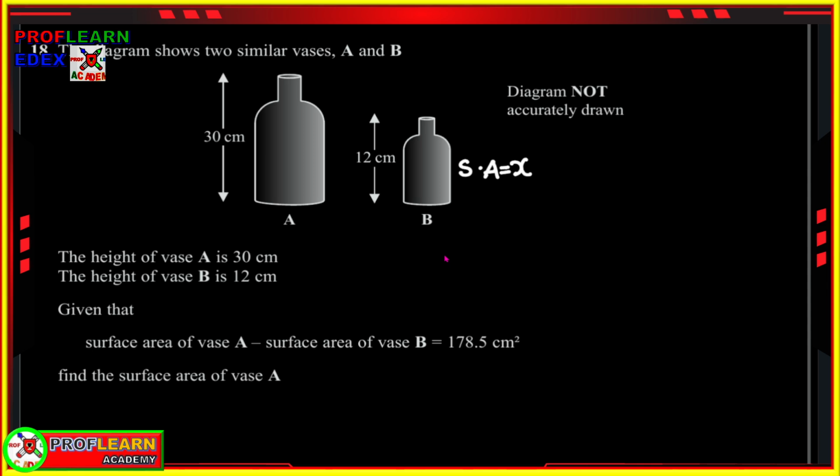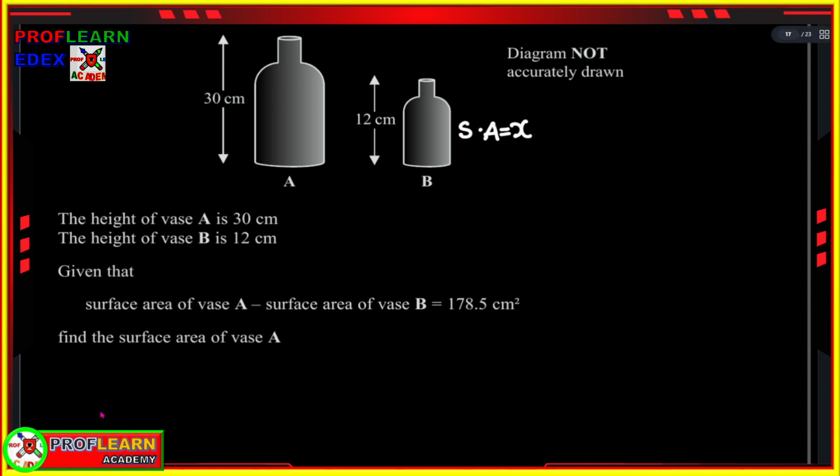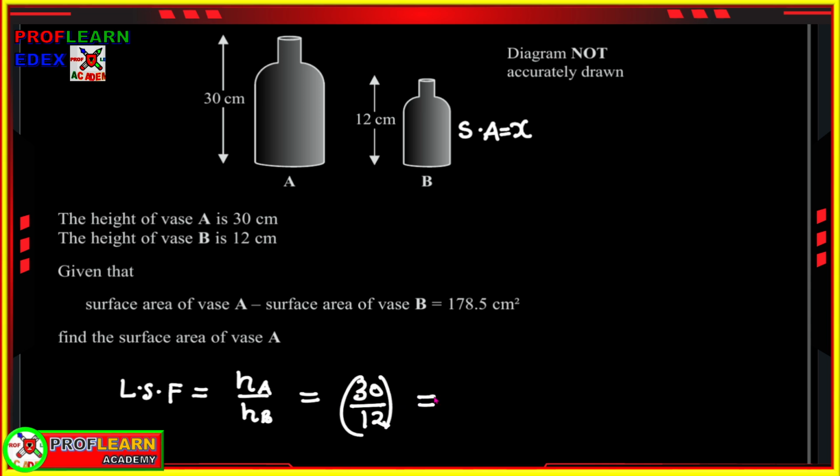In order to work out this, I want to work out the linear scale factor. Linear scale factor is going to be the height of A over the height of B, and that is going to be 30 over 12. If you work it out, the linear scale factor is going to be 2.5.